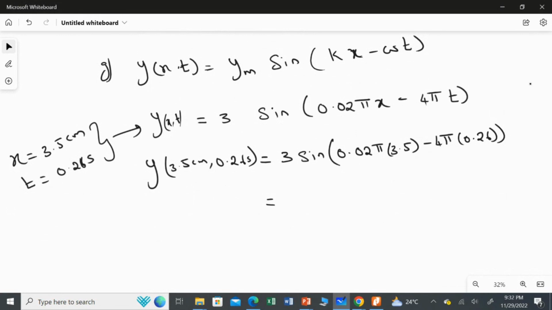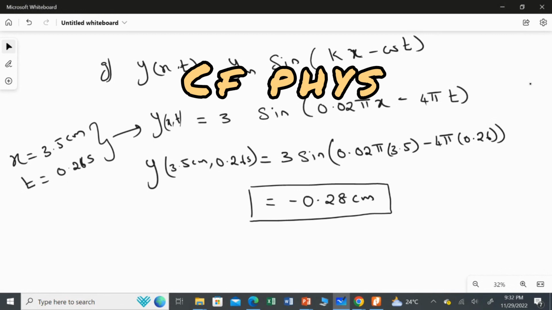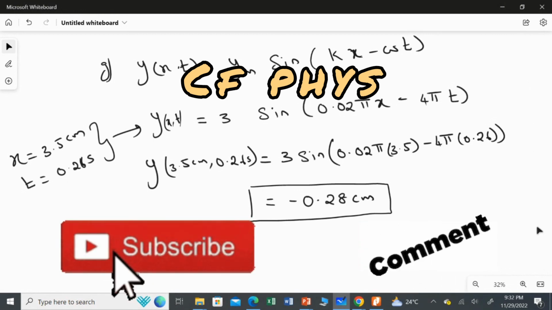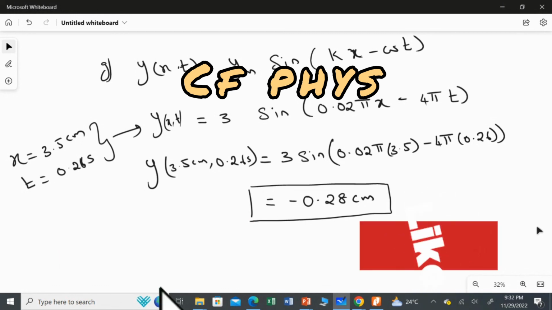I got the answer as minus 0.28 centimeter. So this is the transverse displacement if x is equal to 3.5 centimeter when time t is equal to 0.26 seconds. So this is the answer for the last question. Clear? That's it.